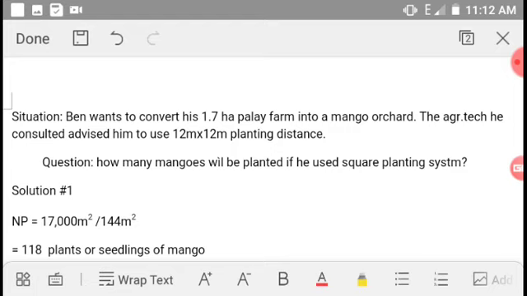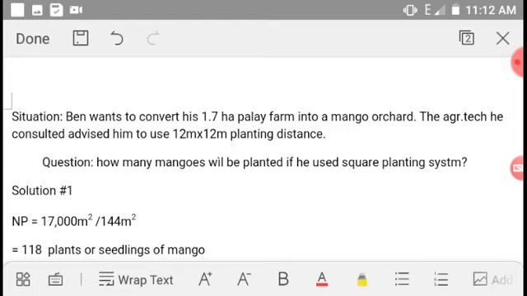So solution natin, yung 1.7 hectares niya, simply multiply by 10,000 meters squared para makuha natin yung meters, kasi 1 hectare is equal to 10,000 meters squared. 1.7 hectares times 10,000 meters squared will give us 17,000 meters squared, divided by the product of 12 meters by 12 meters, which is 144 meters squared.